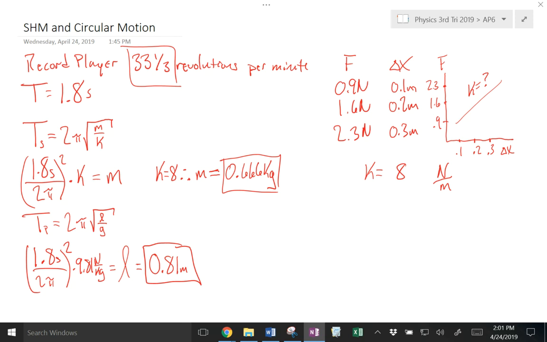If the pendulum length is 0.91 meters, what does that mean for the pendulum period? Okay, let's scurry back over here real quick. Turns out the record player is a little slow.